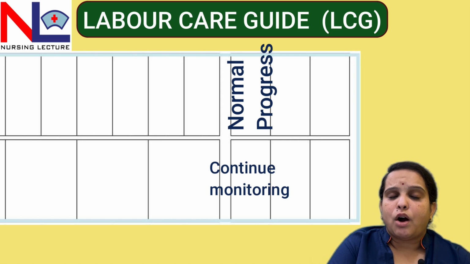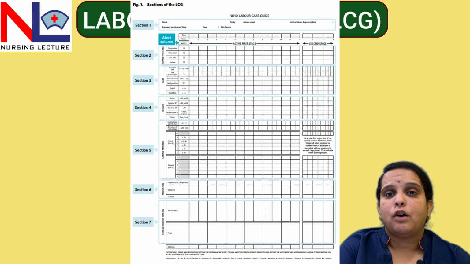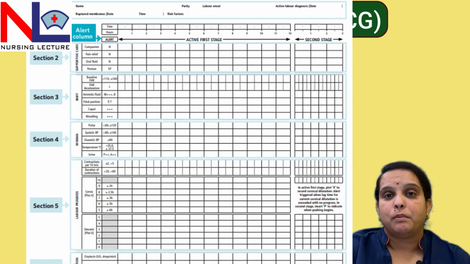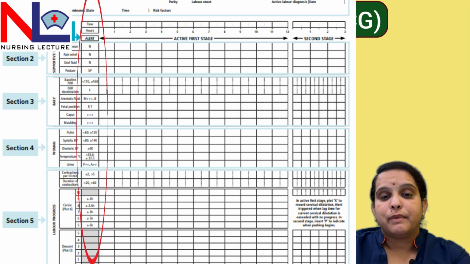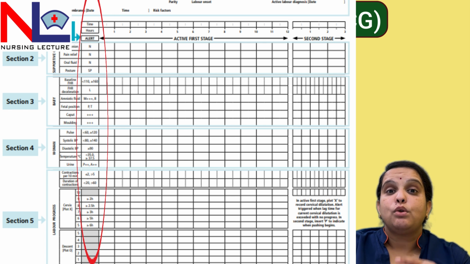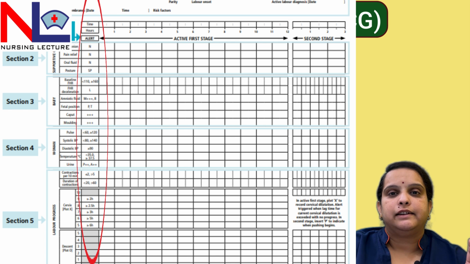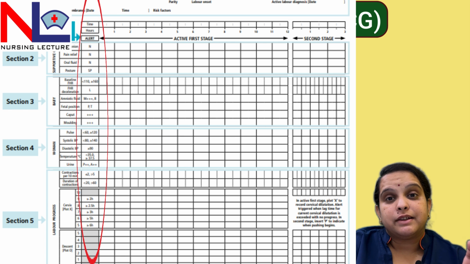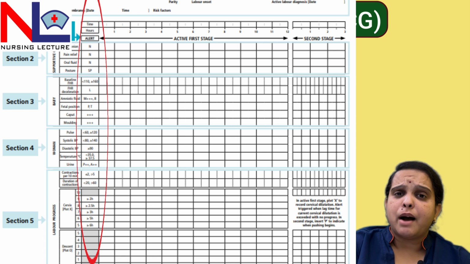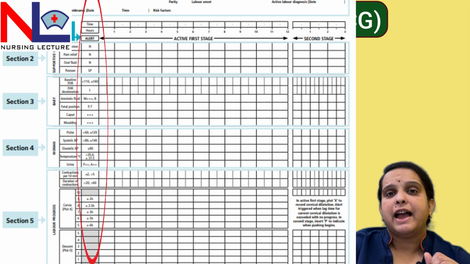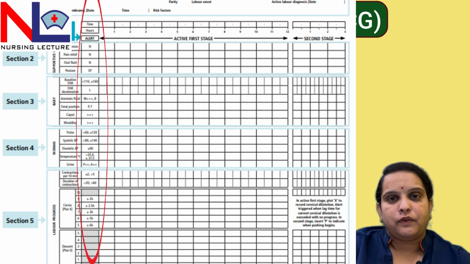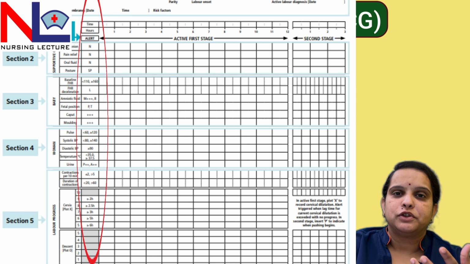Throughout this recording, if we find any deviation from the normal and that deviation matches with the alert column, that shows an early warning sign. So these alert warnings should be recorded, highlighted with a red pen and circled, and appropriate action should be taken, and the seniors must be informed beforehand, so they can take care of these deviations and appropriate intervention can be planned.